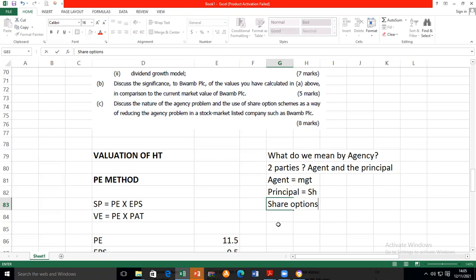The principal engages the agent to undertake a task for him. In the company, who occupies the role of the agent? Management. Role of the principal, shareholders. What is the task? To run the company on behalf of the shareholders. Agency problem: the agents may not act in the best interest of the shareholders.